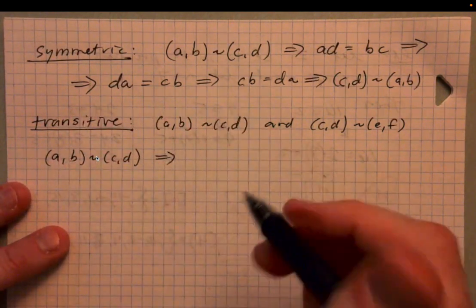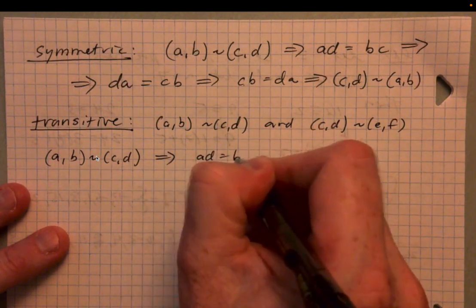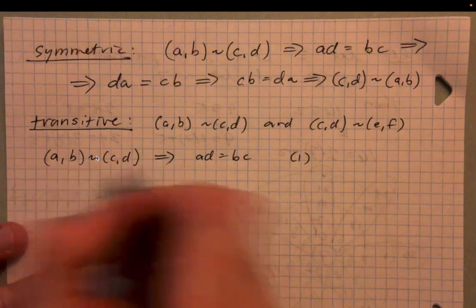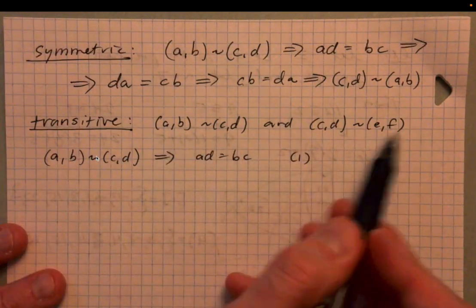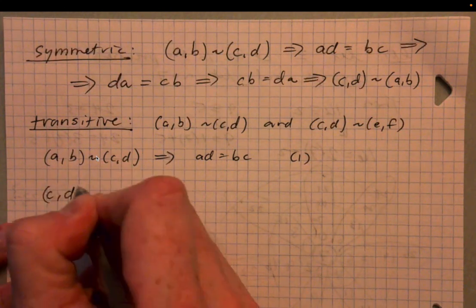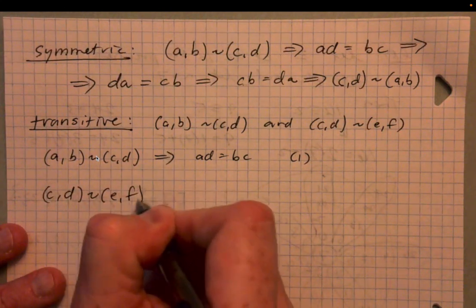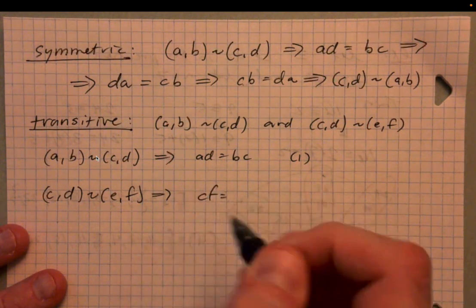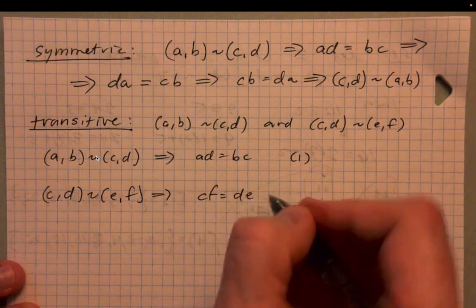(A, B) equivalent to (C, D) implies that AD equals BC, and I'm going to call that 1. We're going to have to label these to come back to them. What about the second one? (C, D) equivalent to (E, F) implies that C times F equals D times E, and we're going to call that 2.